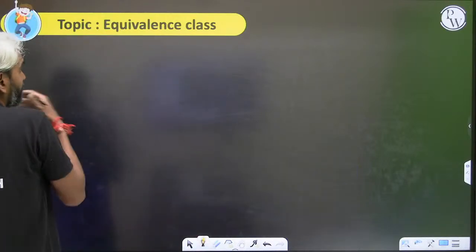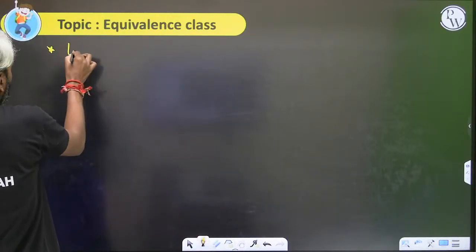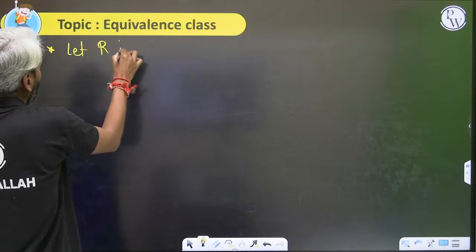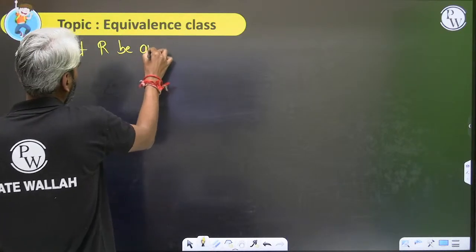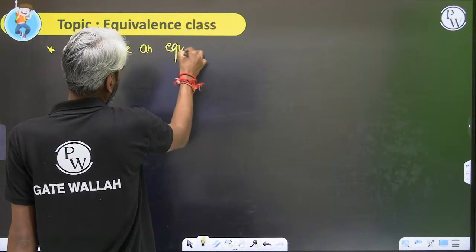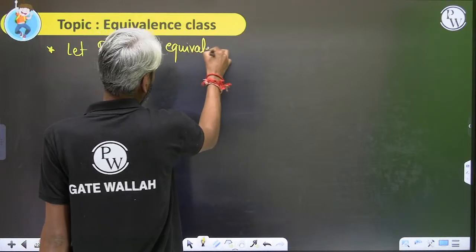So, what is an equivalence class? Just note down. Let capital R be an equivalence relation. For an equivalence class, you need an equivalence relation.